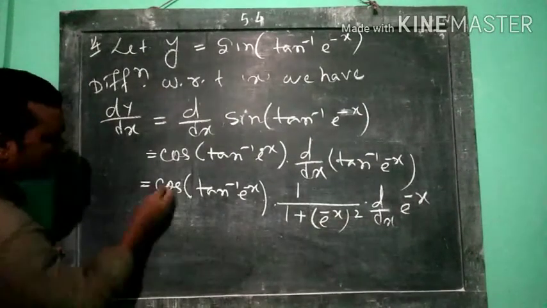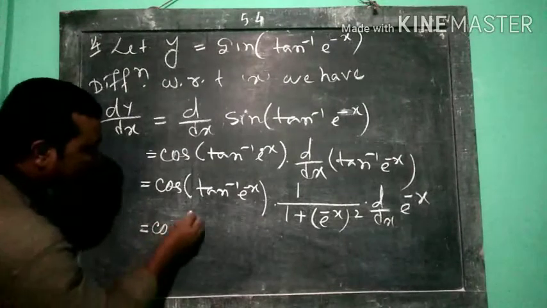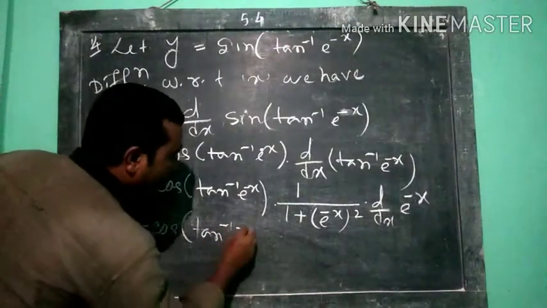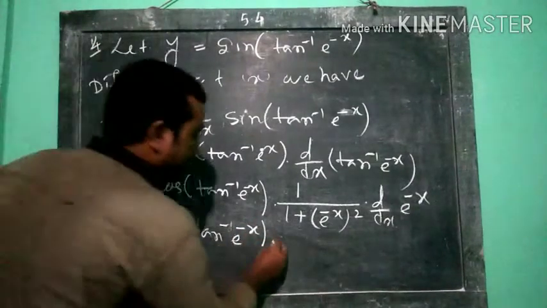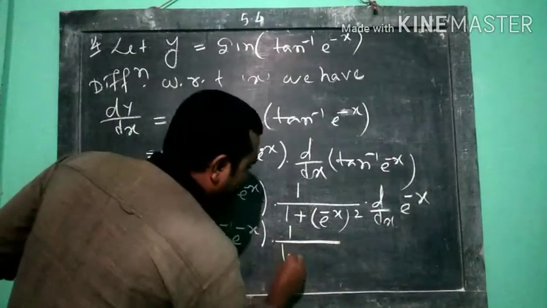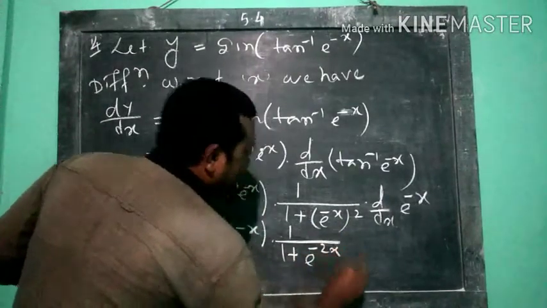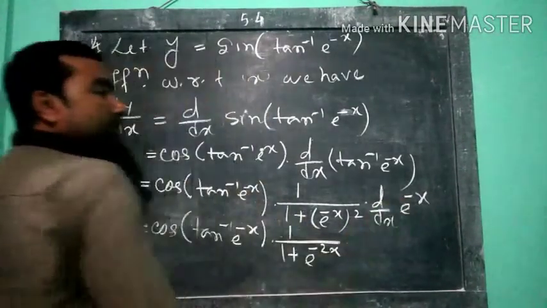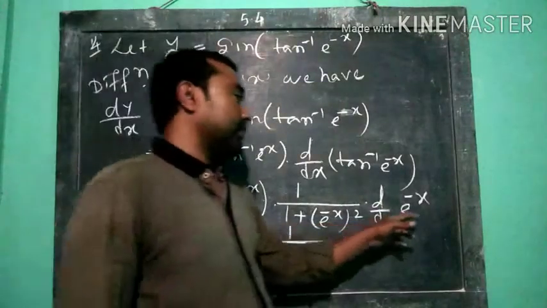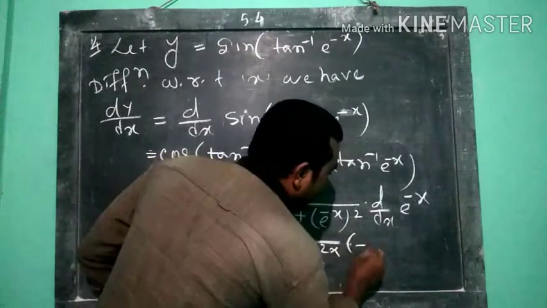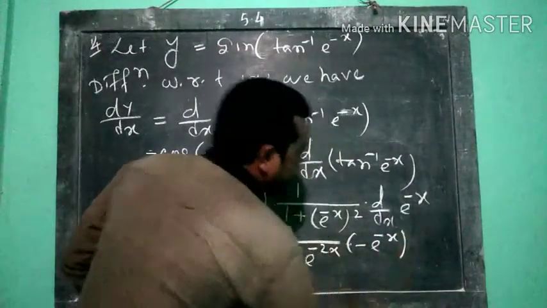This is equal to cos of tan inverse e to the power minus x, into 1 by 1 plus e to the power minus 2x, into d/dx of e to the power minus x, which is minus e to the power minus x.